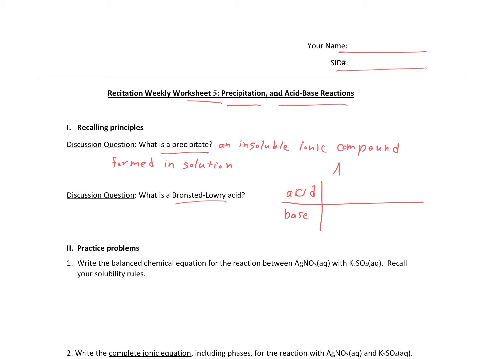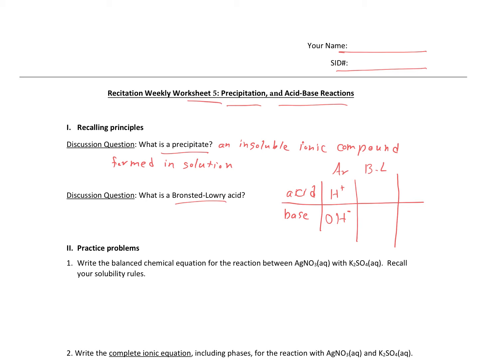From the Arrhenius definition, any substance that produces H plus is an acid. Any substance that produces OH minus is a base, right? From Brønsted-Lowry, I write BL, sometimes they say Lowry, acid or base.